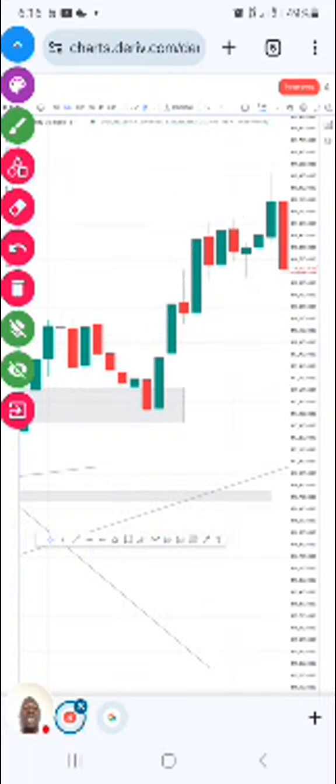That is the risk to reward ratio. And in this strategy, you have to be patient. You wait for everything that we have shown you to happen. If anything does not happen, don't execute. Don't take the trade. If anything does not present itself, always wait for the market to come to you, not you to go to the market.